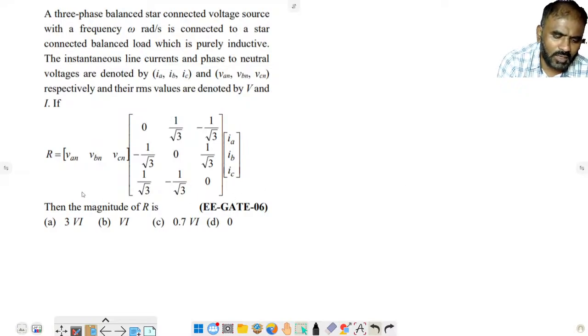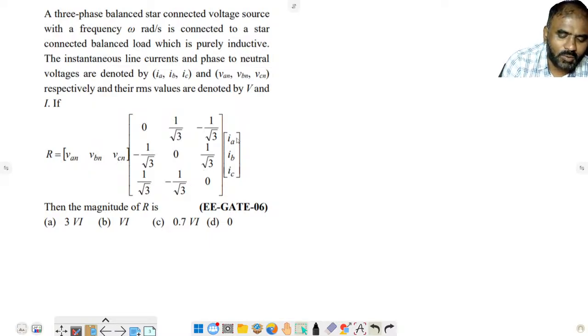Now, let's take a balanced star-connected voltage source. The voltage source is balanced, no doubt. VAN means root 2 V sin omega t, VBN is root 2 V sin omega t minus 120, and VCN is root 2 V sin omega t plus 120. Clear?